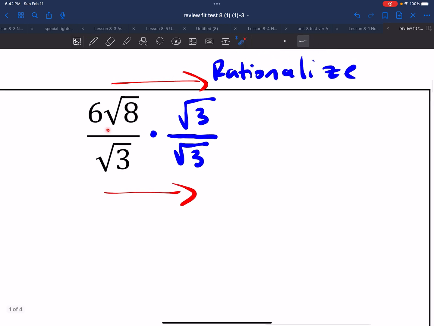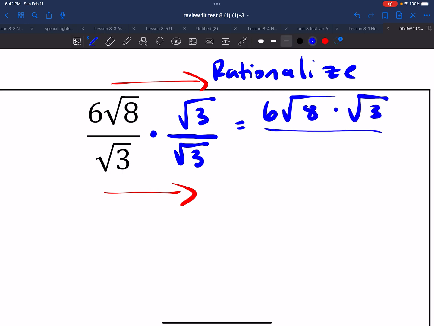So I have 6 root 8 times root 3, all over the square root of 3 times the square root of 3. Well, the square root of 3 times the square root of 3 is essentially the square root of 9, which is just 3.